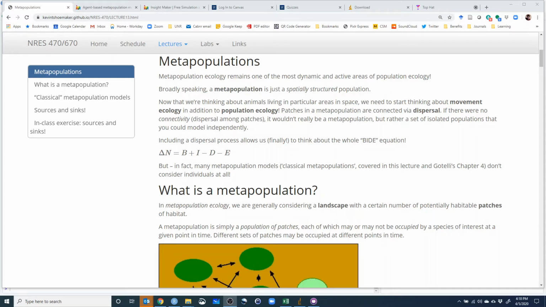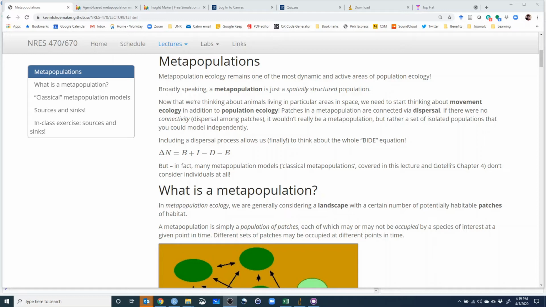Now that we're considering animals living in particular areas in space, we need to start thinking about movement ecology in addition to just basic population ecology. So in a metapopulation framework, we think about patches or little areas of habitat that can support a subpopulation or can support some number of individuals.